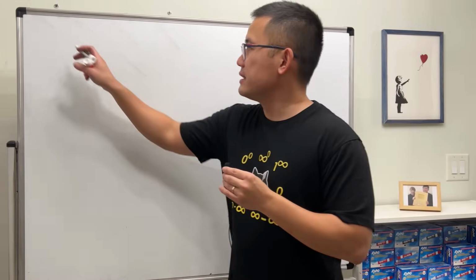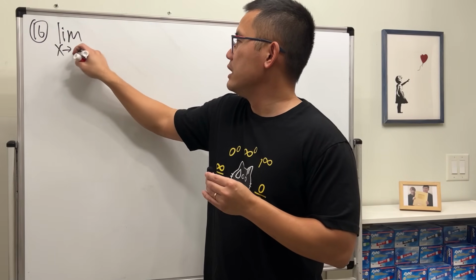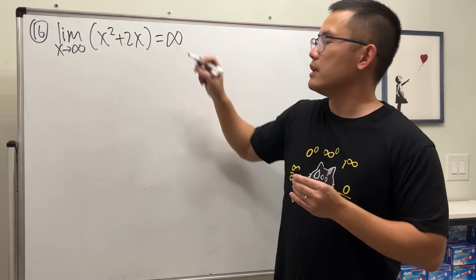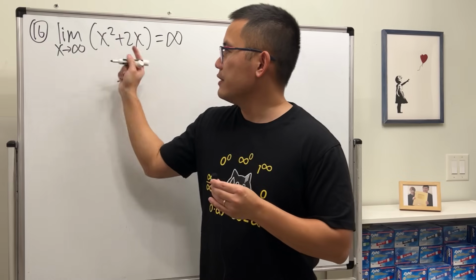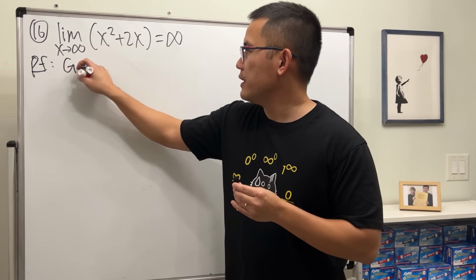Okay, number 16. Limit as x approaching infinity, x squared plus 2x, that will give us infinity. All right, infinity, so proof given.